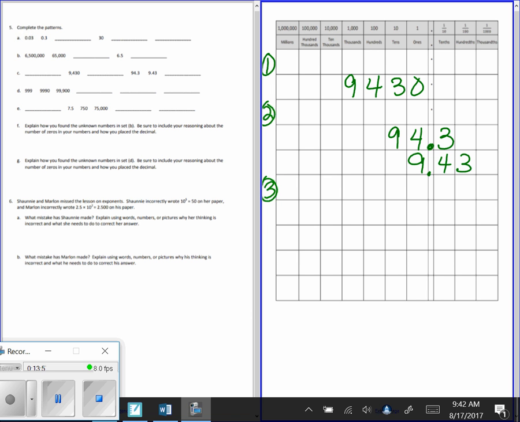Well, you can just fill it in on the chart. Doesn't matter what color you use. Oh, sorry. Don't forget the third one.